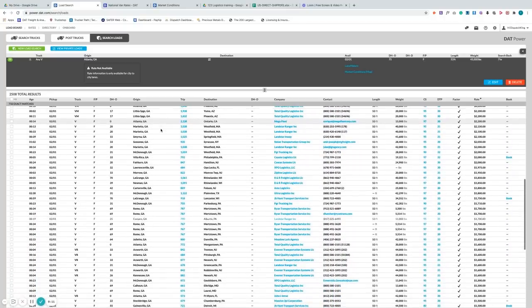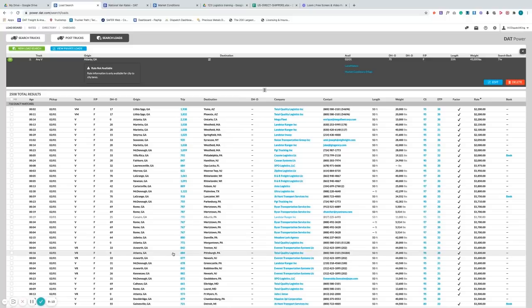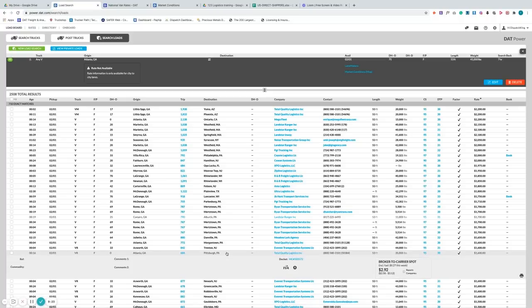That's good. Okay, this one, Atlanta, Georgia to Pittsburgh, Pennsylvania. A driver can do about 650 miles in a day. If he's a beast, he can knock this out.